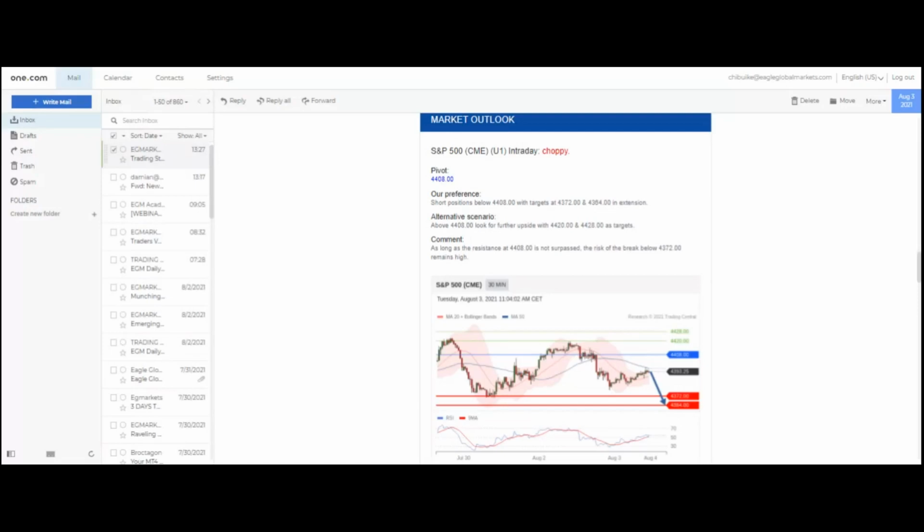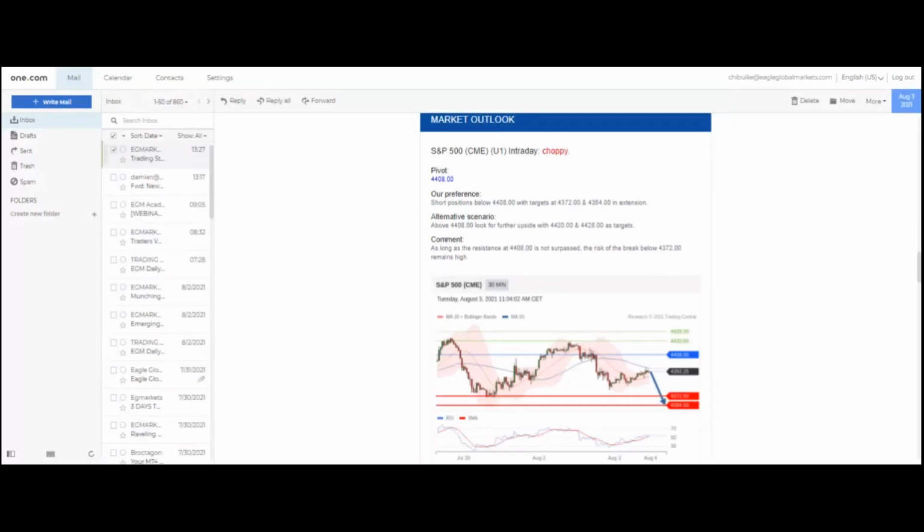Short means sell. Short positions below 4408, and your targets, that's your take profit, at 4372 and 4364. Now, let me break down what it means to you.